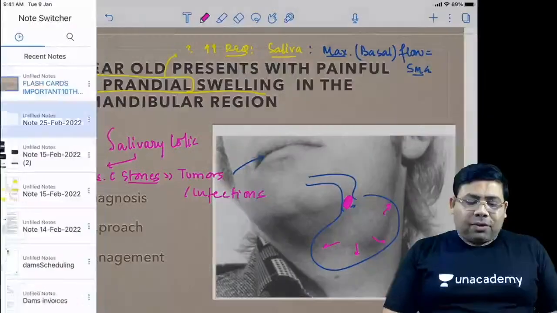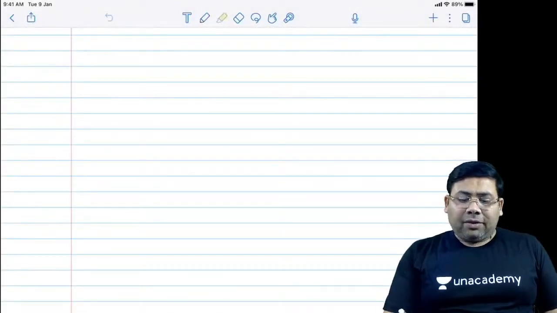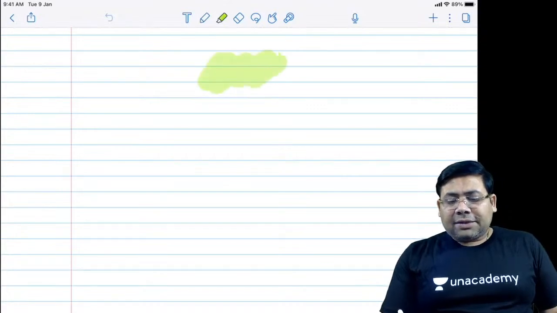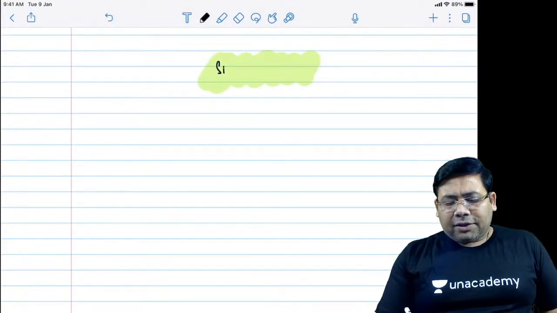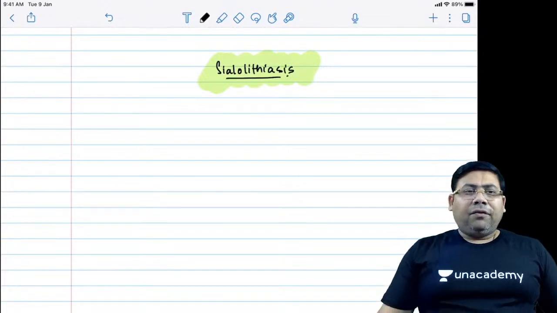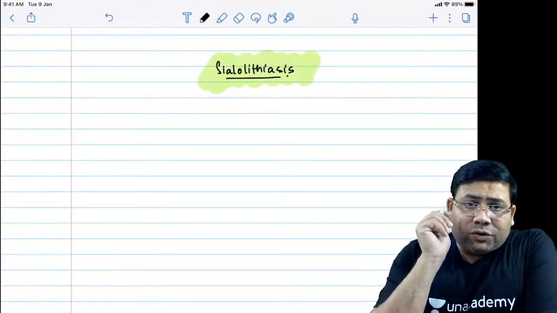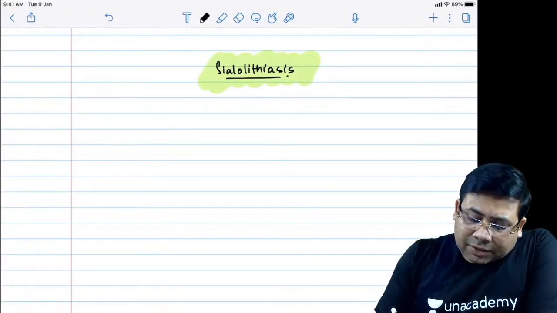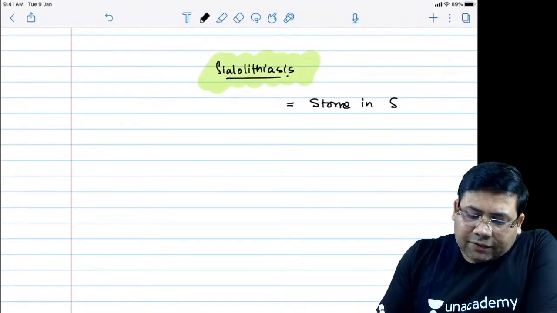So let us talk something about sialolithiasis. The next topic that we are going to discuss is sialolithiasis, and this is very interesting. Sialolithiasis means stone in the salivary gland.